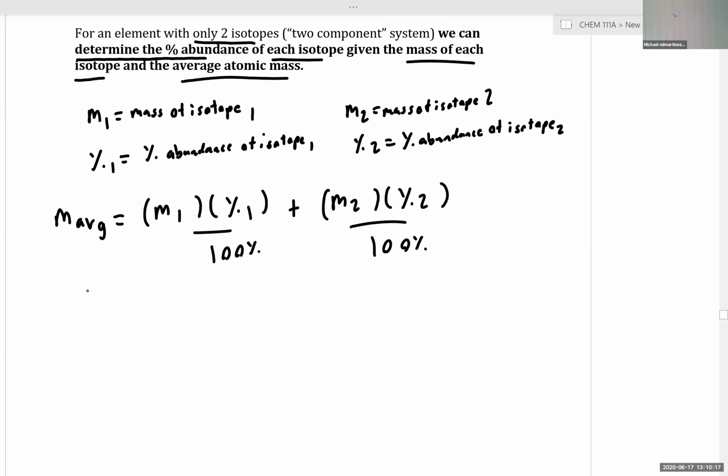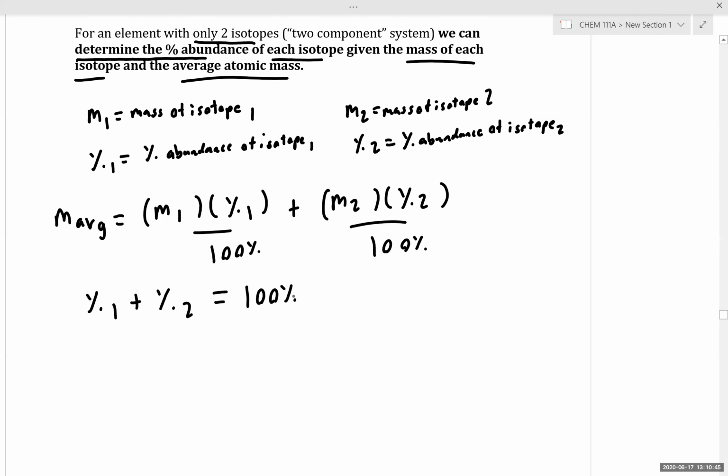What we also know is that if I take the percentage of isotope 1 and add it to the percent abundance of isotope 2, if I add up the percent abundances for all of the isotopes of an element, what should these percentages add to? If I only have two isotopes and I add their percent abundances together, what should they add to? 100. 100%, exactly.